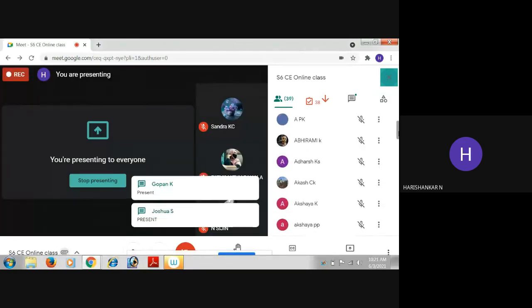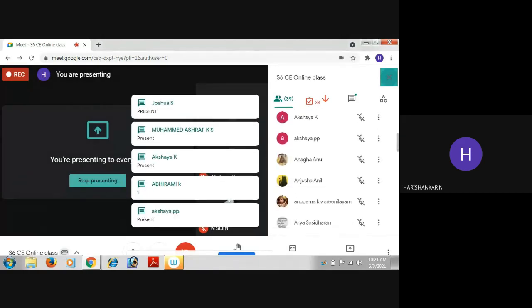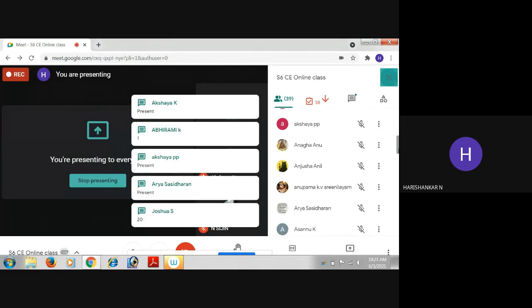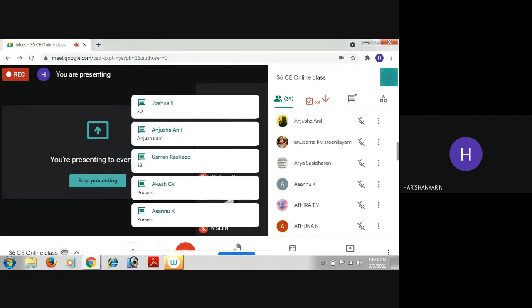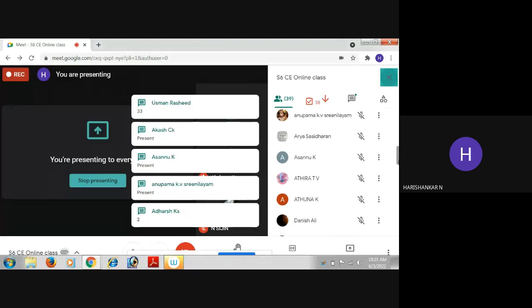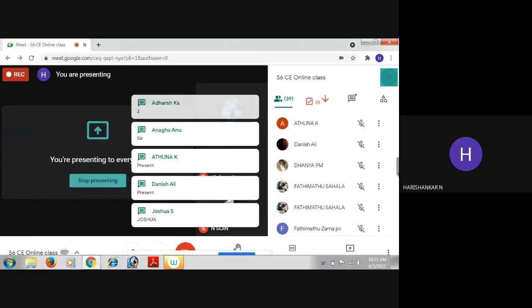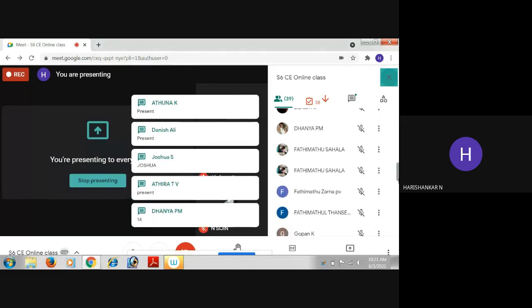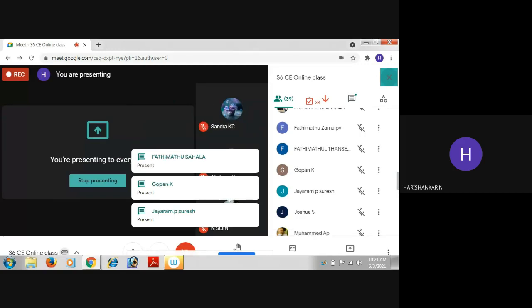Akshay, Akshaya, Abhirami, Anaga, Anjusha, Anupama, Arya, Adira, Danish, Sahala, Govan, Jairam, Joshua present.